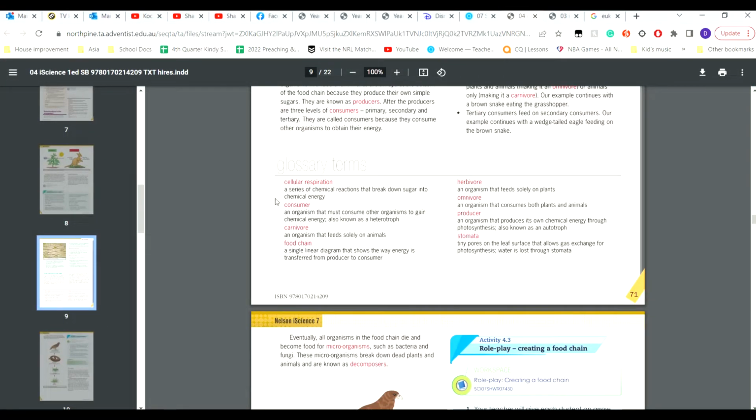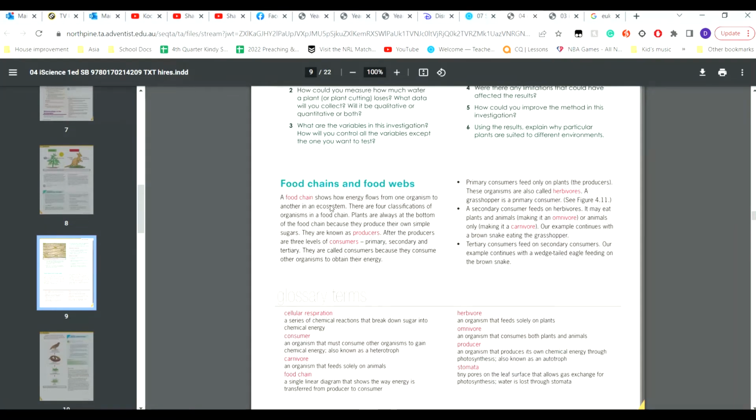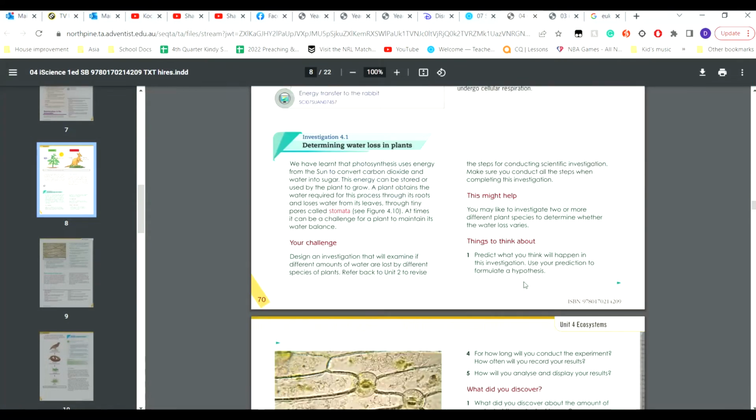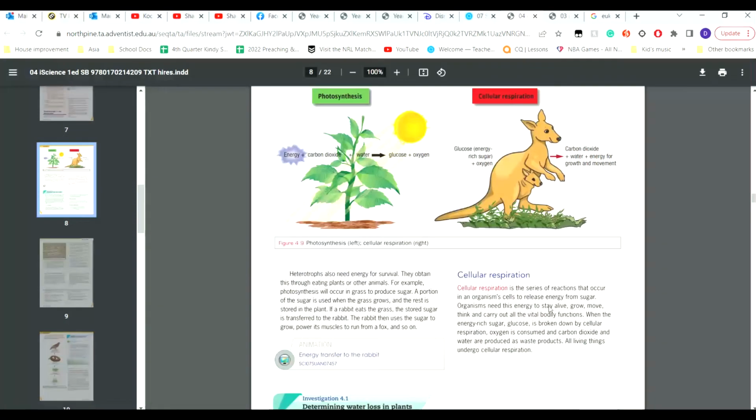Cellular respiration, a series of chemical reactions that break down sugar into chemical energy. So I'm trying to find out where that is in the text. Here it is. Here's the main one. It's on page 70. Cellular respiration is the series of reactions that occur in an organism's cell to release energy from sugar.